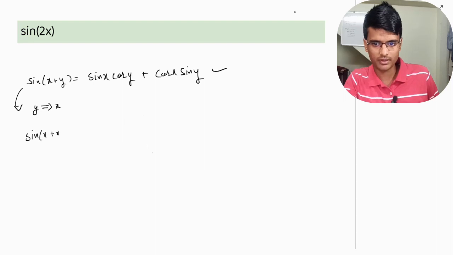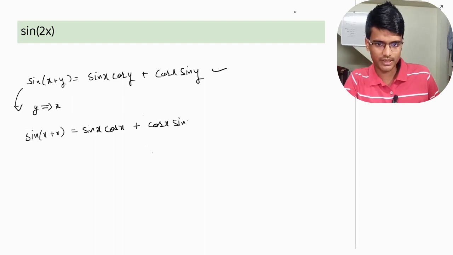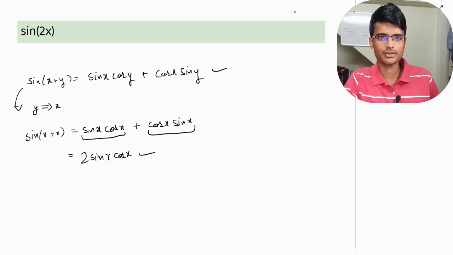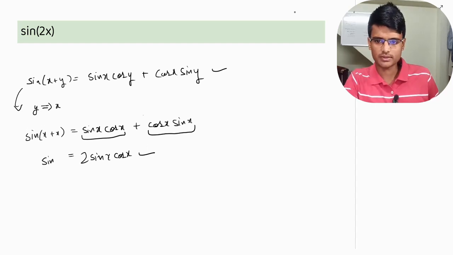Sin of x plus x is sin x cos x plus cos x sin x. These two are the same terms, so I can add them. This is nothing but 2 sin x cos x. So sin 2x is this, and this is the standard thing that you need to remember.